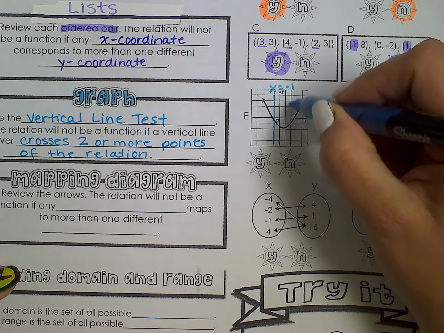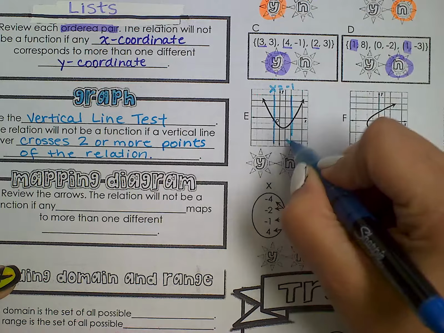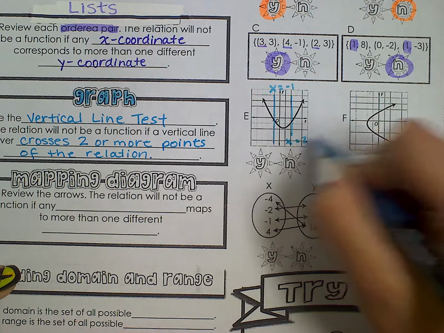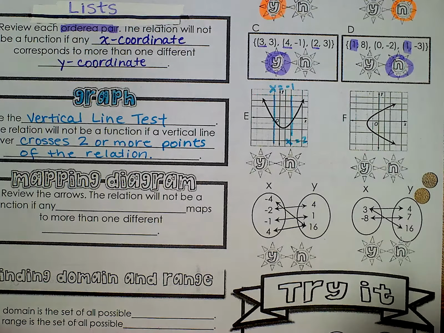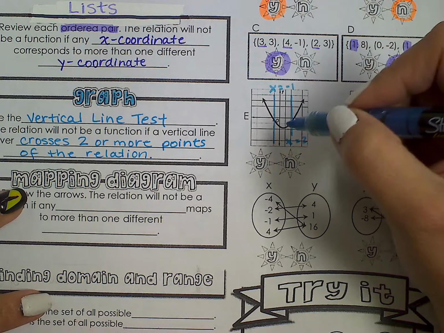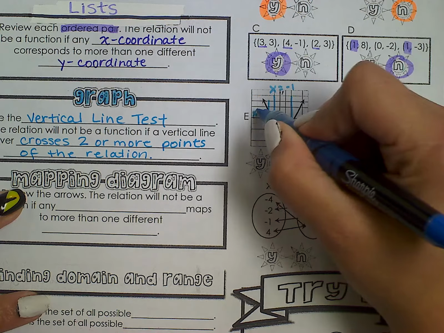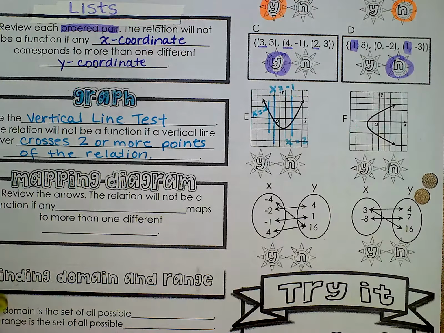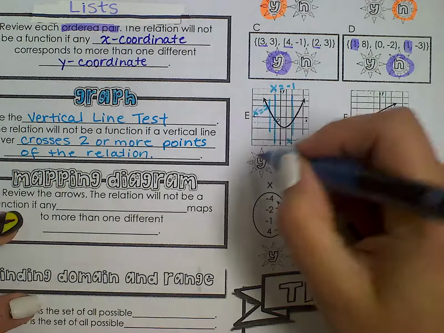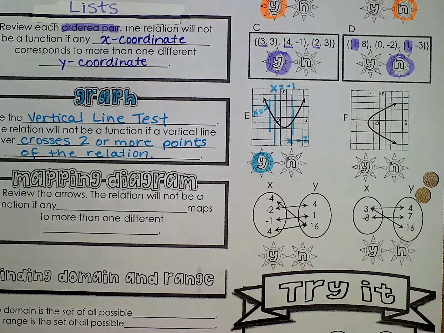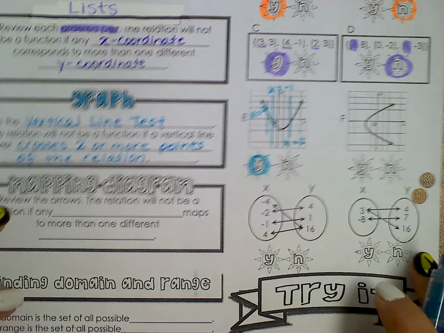If I have another vertical line at x is equal to 2, it again only crosses one time. I could take it further and say maybe x is equal to -2, and it still passes the vertical line test. So I would say this is a good example of a function.